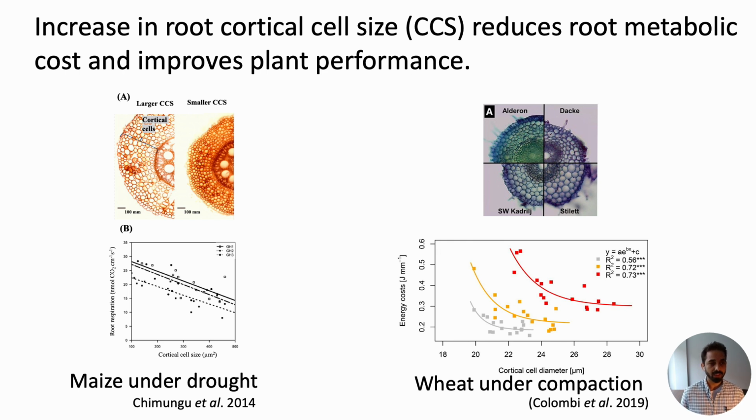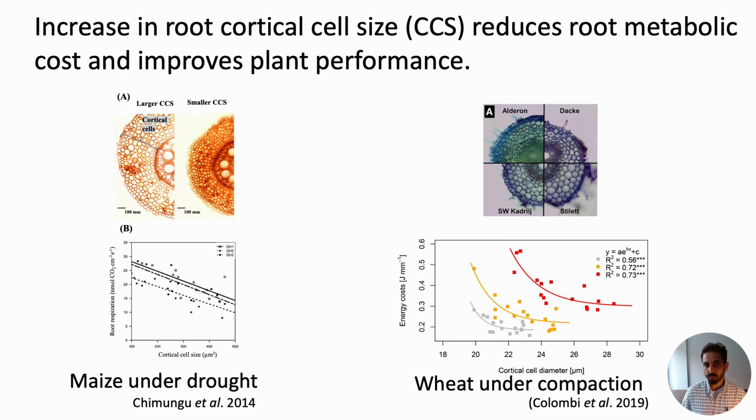So what you see on the left here is maize under drought, and then on the right you have wheat under compaction, two independent studies. So you have a large cortical cell size genotype, and then you have a small cortical cell size genotype here. And under drought stress, in the case of maize, what you see is there's a reduction in root respiration as the cell size increases here on the x-axis.